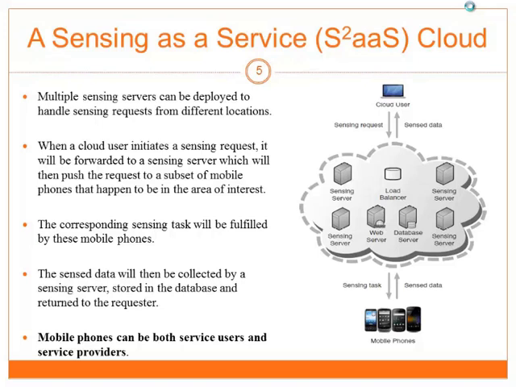Then those mobile phone sensors fulfill the sensing tasks, get whatever data the cloud user wants, and report the data back to the sensing servers. The sensing server then pushes it back to the cloud user. Of course, for especially important or interesting data, we may need to store them in storage devices in the cloud. Like I mentioned before, the most interesting thing about this cloud is that the mobile phones are components of the cloud.